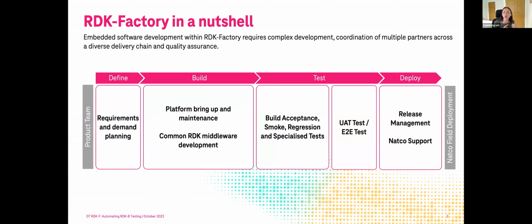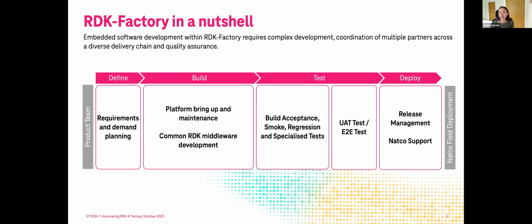So that is the kind of requirements and demand planning, the build, which is everything that is to do with software development. So the platform bring up, the maintenance, the RDK middleware development, and everything that goes along with the actual feature development. Then we move into test, which is what I'm going to be focusing on today.